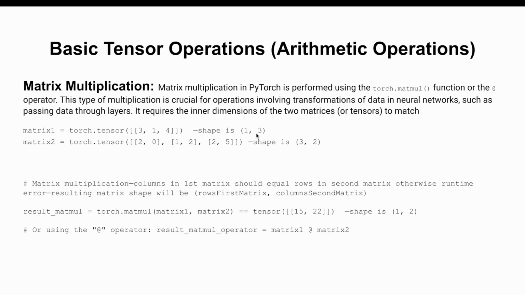So you can always tell the shape of the resulting matrix: once you take the inner dimensions out, the outer ones determine the shape.